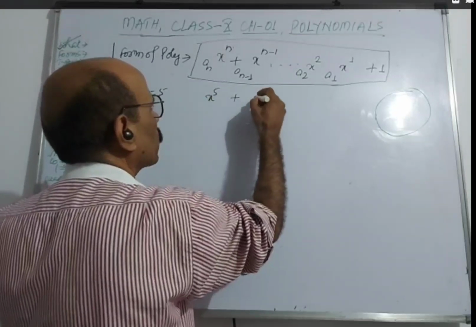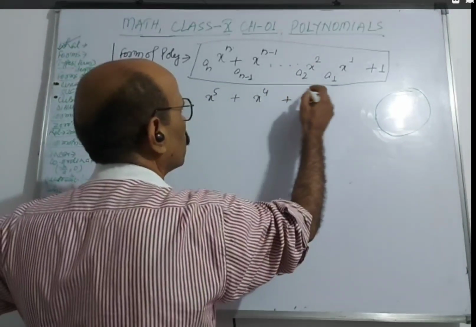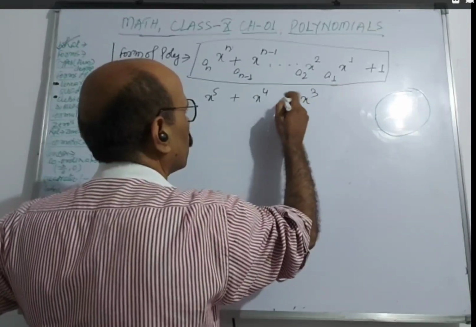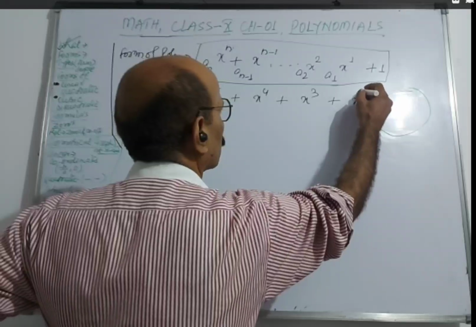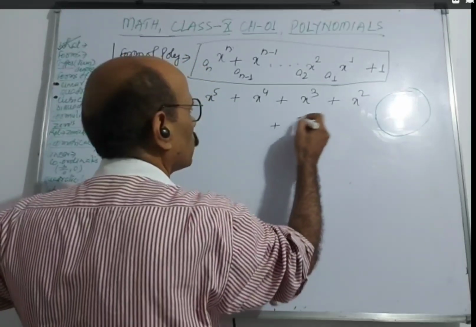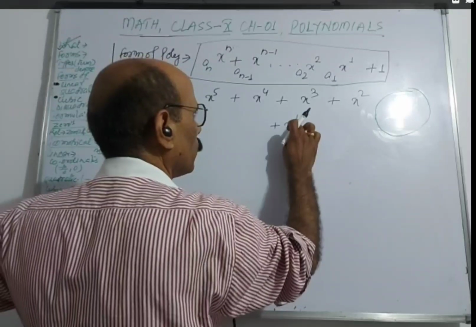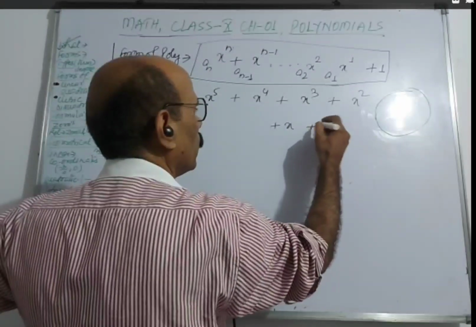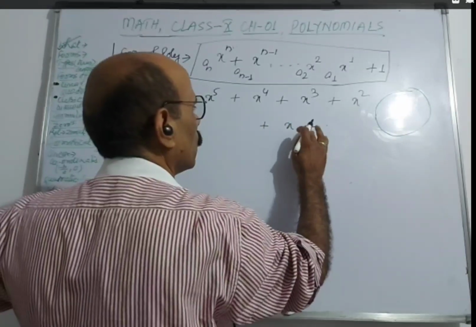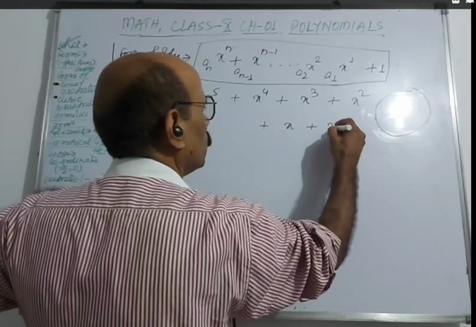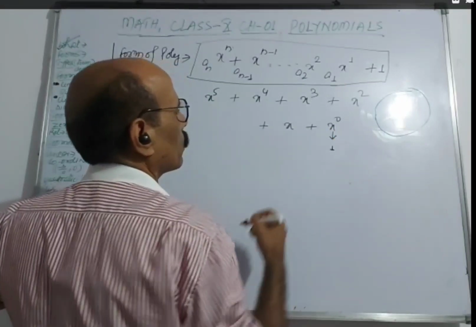Certainly the next x has to be 4, next x has to be 3, next x has to be square. Here it has to be x to the power 1, need not write 1, therefore only x. And next x to the power 0, which is equal to 1.